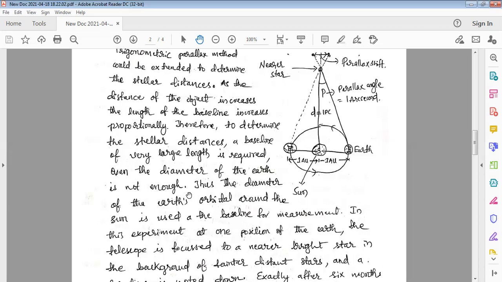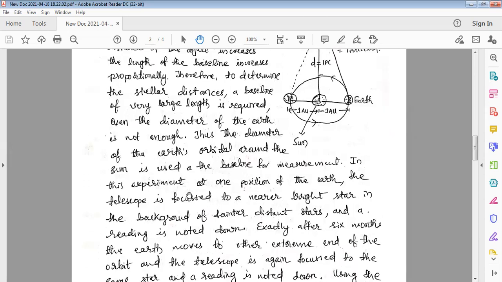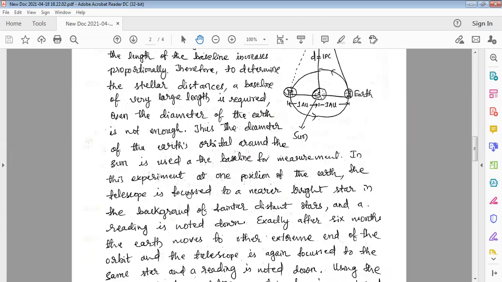But when you deal with the stars and the stellar distances, this baseline is of no use, because it is a smaller one. It is a smaller one because the stellar distances are very, very large quantities. So a baseline of very large length is required. Even the diameter of the Earth is not enough.